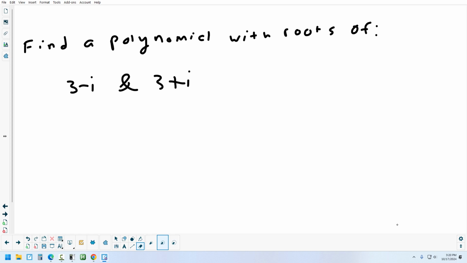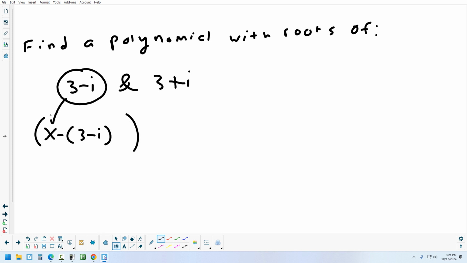So if we know that 3 minus i is a root, then what would be the factor that came from? x minus (3 minus i). We have to write it like that: x minus our root, because if you filled this in, you would have 3 minus i minus 3 minus i. That's 0.